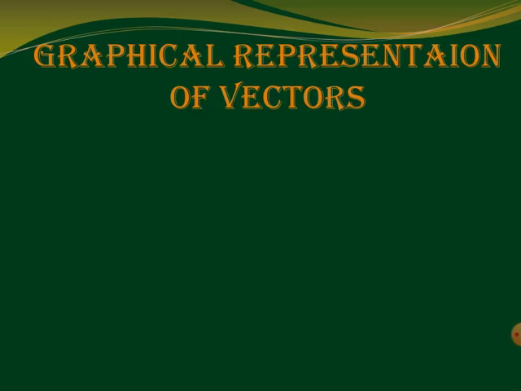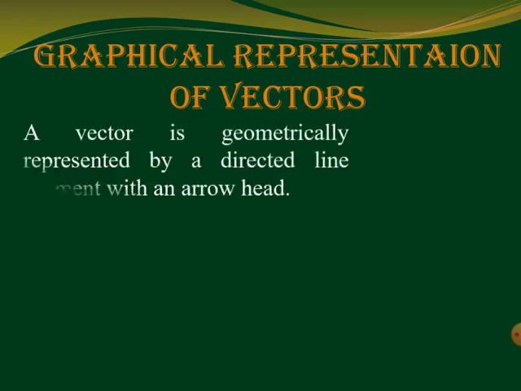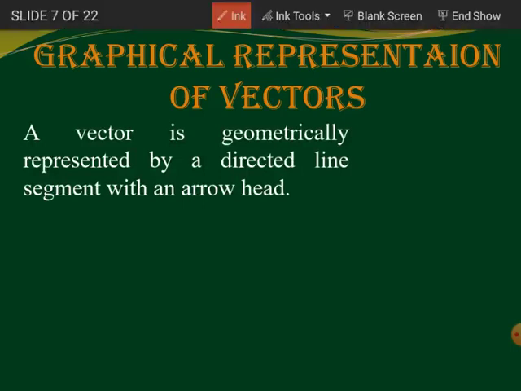Now, how to represent a vector quantity? A vector quantity is geometrically represented by a directed line segment with an arrowhead. Suppose there are two points like this, and you want to represent a vector quantity, then this line segment will give you the magnitude.